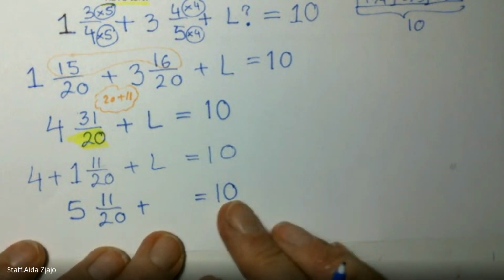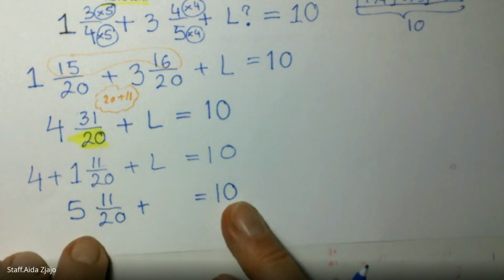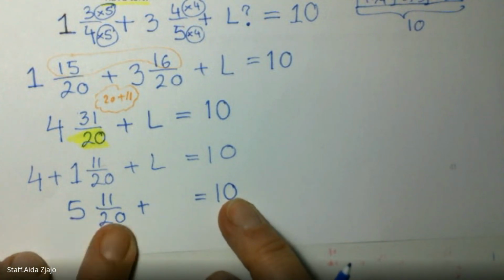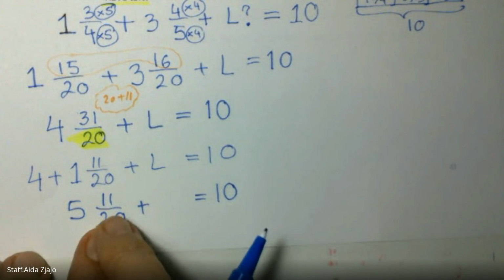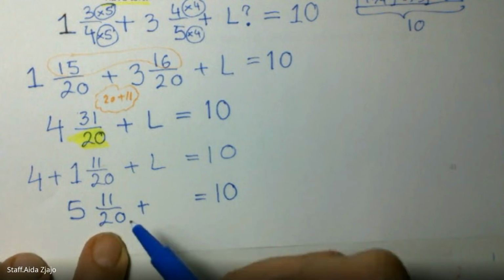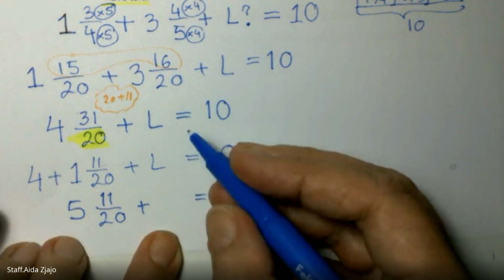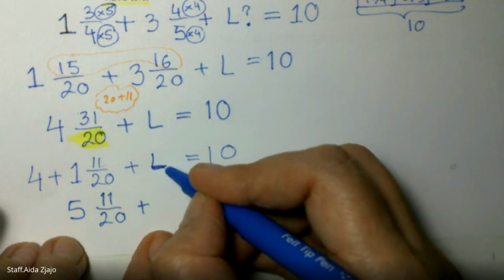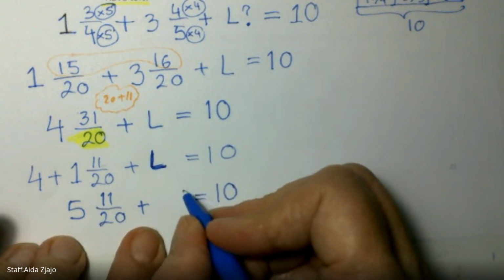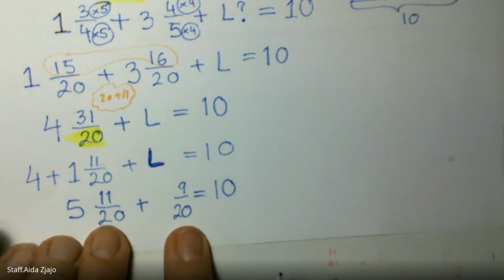So we can think about 10 minus 5, and then 5 wholes is left. But then we also have to subtract 11 20ths. So when we think about it, we have already 11 20ths. If we're looking for what L is, we can add 11 plus 9 20ths, which would be 1 more whole.